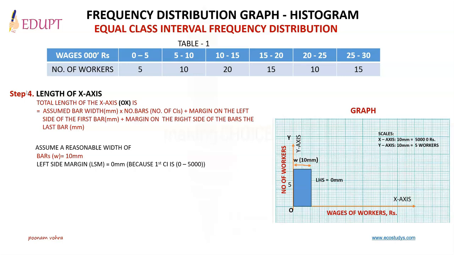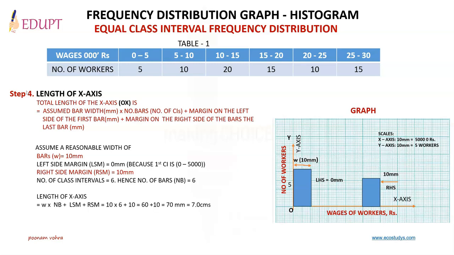Left side margin is 0 millimeters because first class interval is 0 to 5, specifically 0 to 5,000. Right side margin would be 10 millimeters. The number of class intervals that we need to make is 6, so there would be 6 bars.